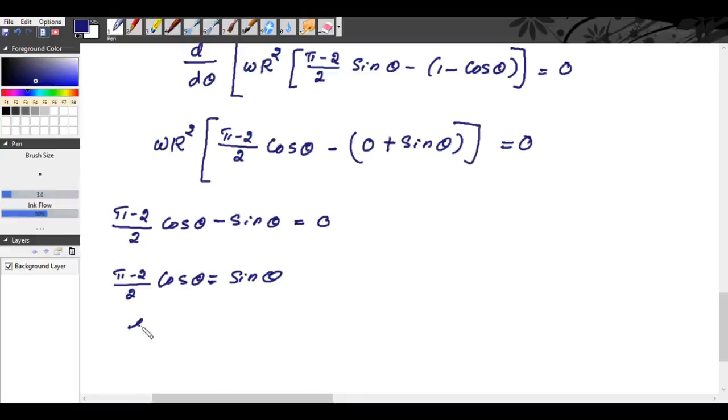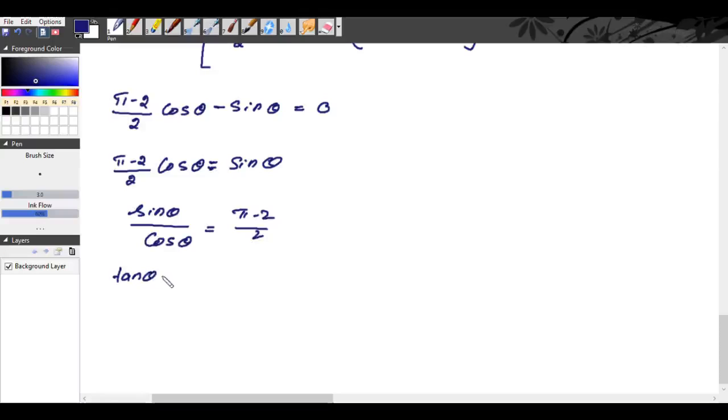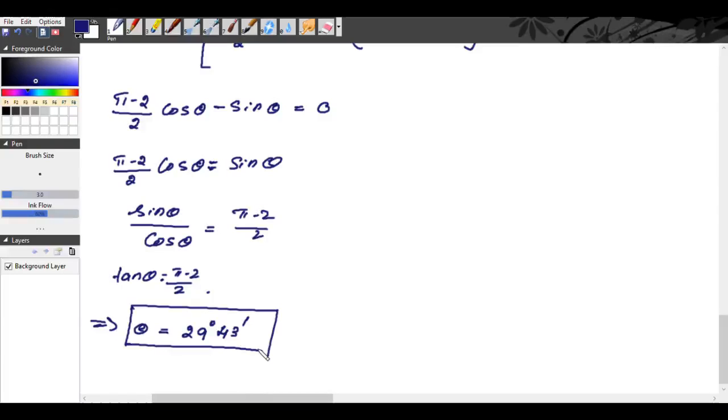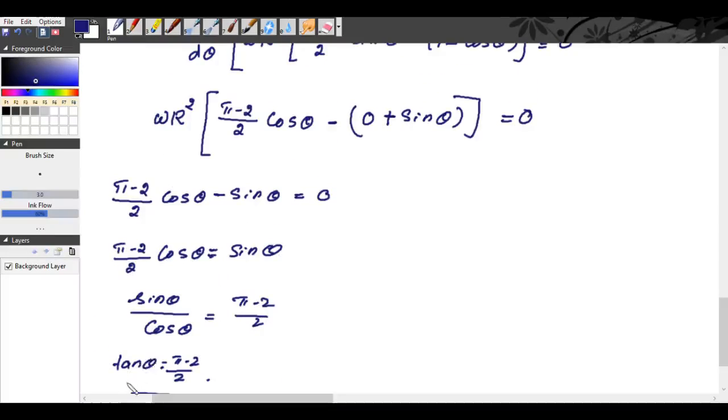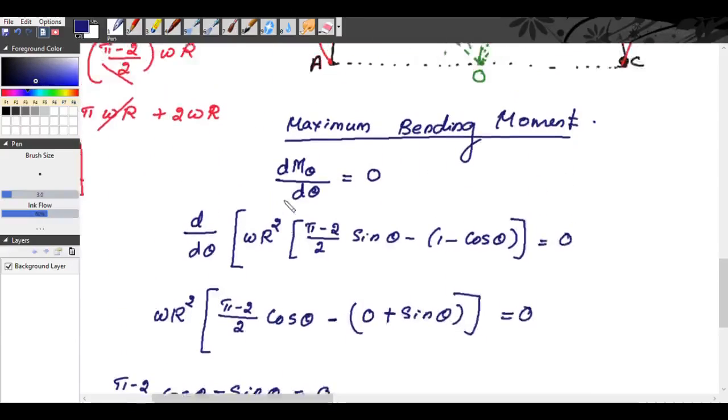So we get sin theta by cos theta is equal to (pi minus 2)/2, from which we get tan theta is equal to (pi minus 2)/2. Therefore, we get theta is equal to 29 degree 43 minutes. So you will get a maximum bending moment at theta equal to 29 degree 43 minutes.